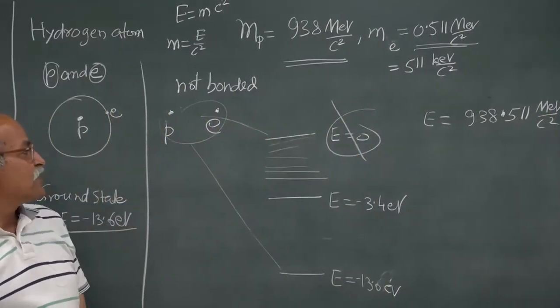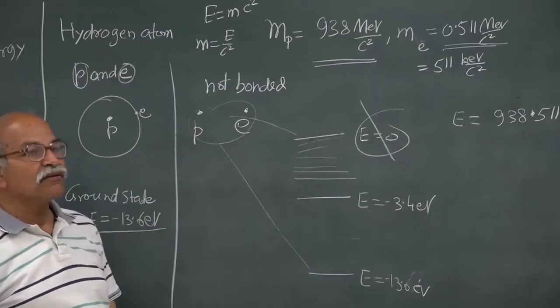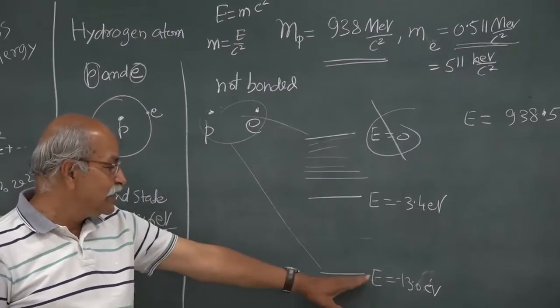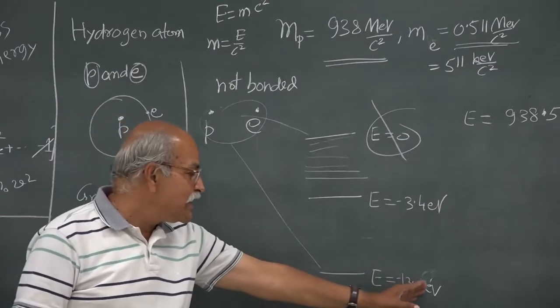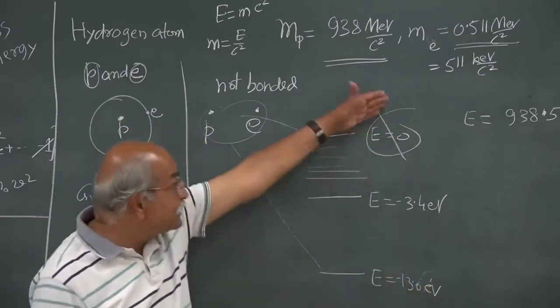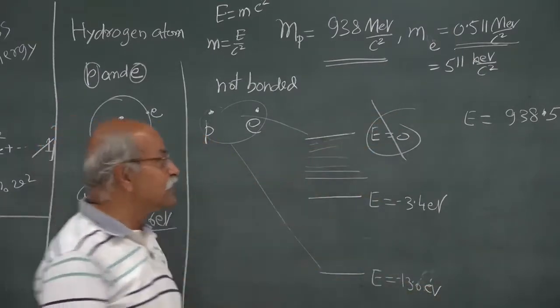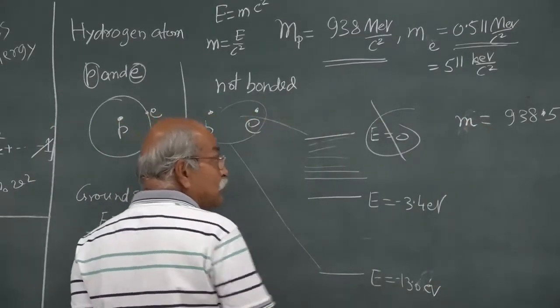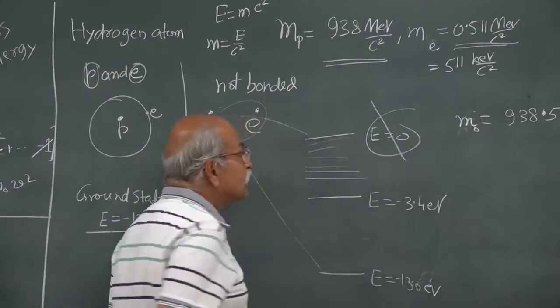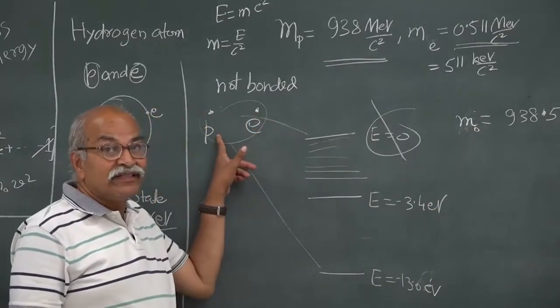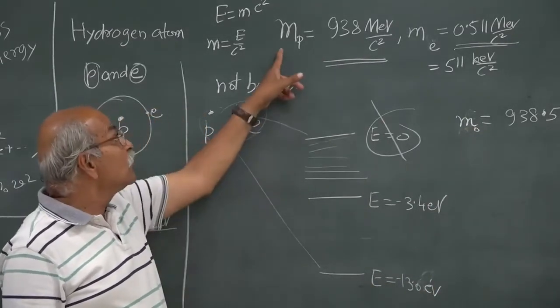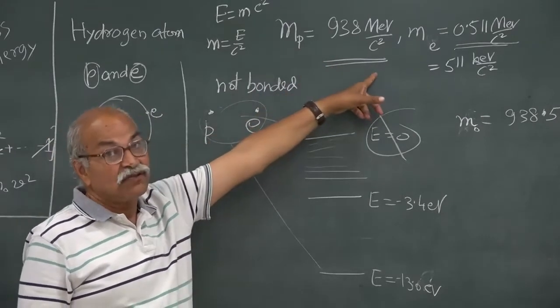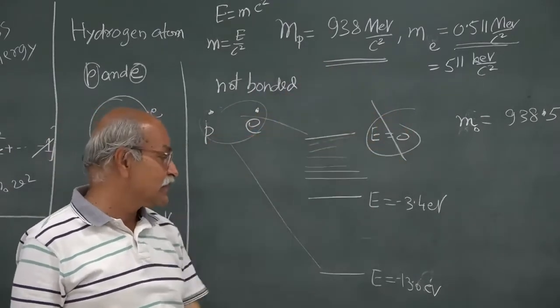The sum of rest mass energies of proton and electron, then this energy will be 13.6 eV less than this energy. So, mass will accordingly, okay, this is mass, this I am writing mass. M naught, rest mass, this proton is at rest, this electron is at rest, this is all rest mass. So, rest mass is this much.